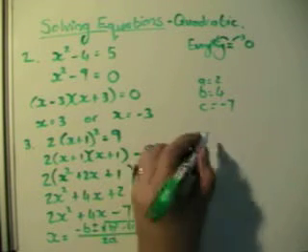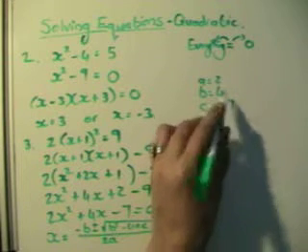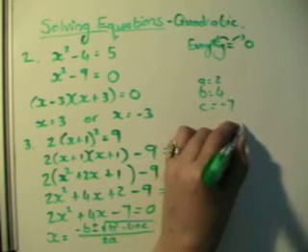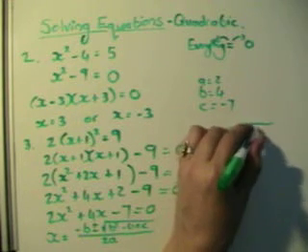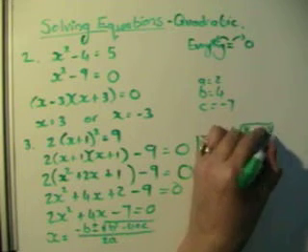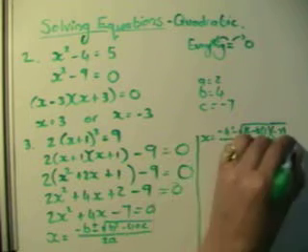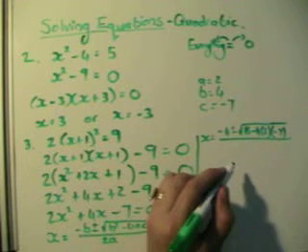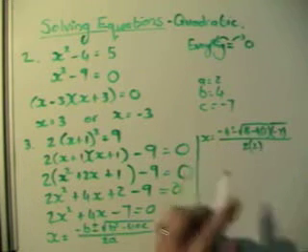Then I substitute into the formula. So I have minus b, which is minus 4, plus or minus the square root of b squared, which is 16, minus 4 times a, which is 2, times c, which is minus 7, over 2a, and 2a is 2 times 2.